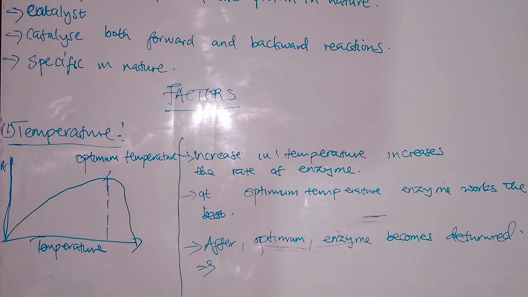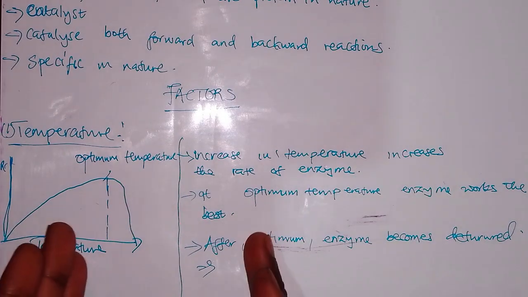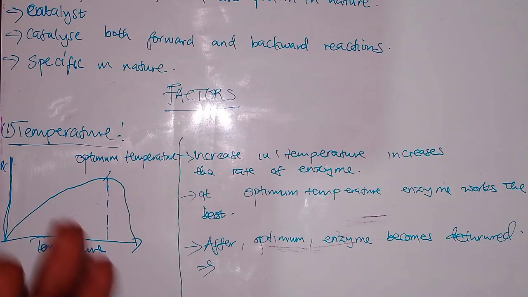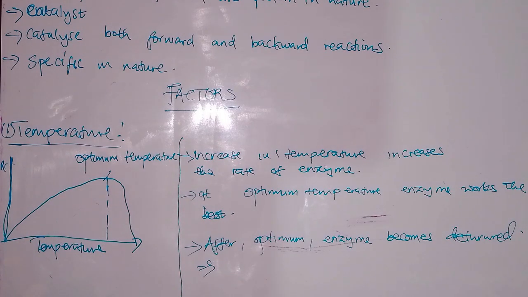The next factor is known as pH. So here again is where I need to pay particular attention, because the graph of temperature and pH are slightly similar in some case, but they are different. When you talk about the graph of temperature, we are saying that when you increase the temperature, you increase the what? The rate of enzyme.